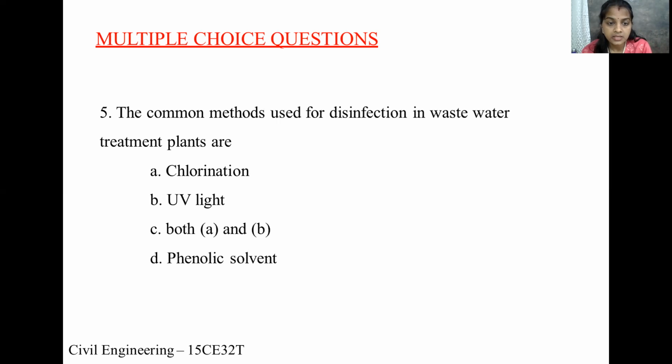So we know that for disinfection of water, we have studied chlorination and UV light, ultraviolet rays. That is one of the chemical treatments, and the other is physical treatment. So both are common methods used for the disinfection of water. So the answer is C, both A and B.